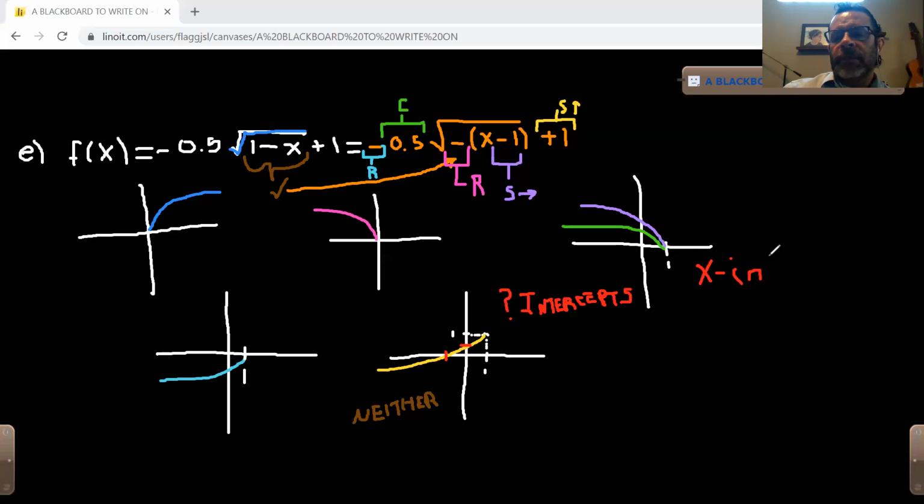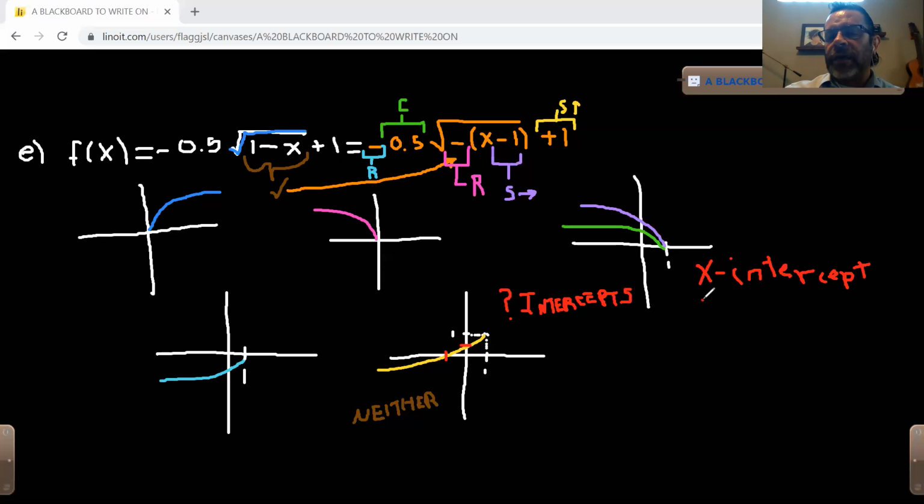Correct, Andrea. So if we want to find the x-intercept, meaning where the graph crosses the x-axis, what do we do?